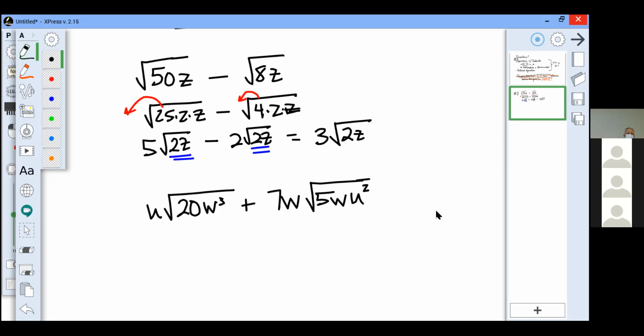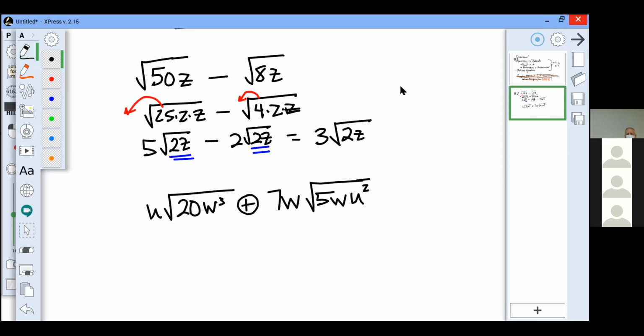And you just have to be really cautious. Now, the other thing that sometimes students make mistakes on: numbers and expressions out in front of the radical are being multiplied to their radical. The only add or subtract is here.